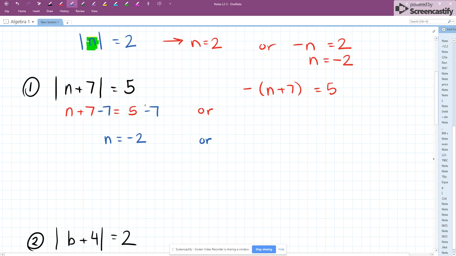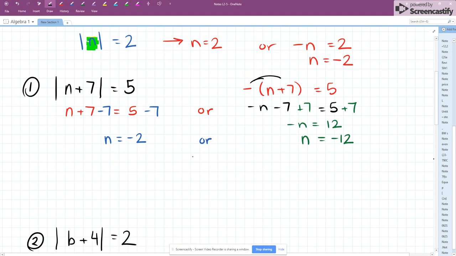Working on the right, there's an extra step. You distribute the negative sign. Then to get n by itself, you need to add 7. And then finally, divide by -1. So n equals -12.